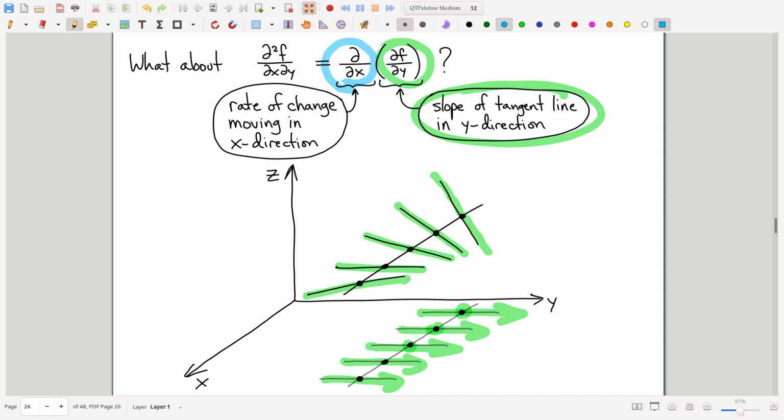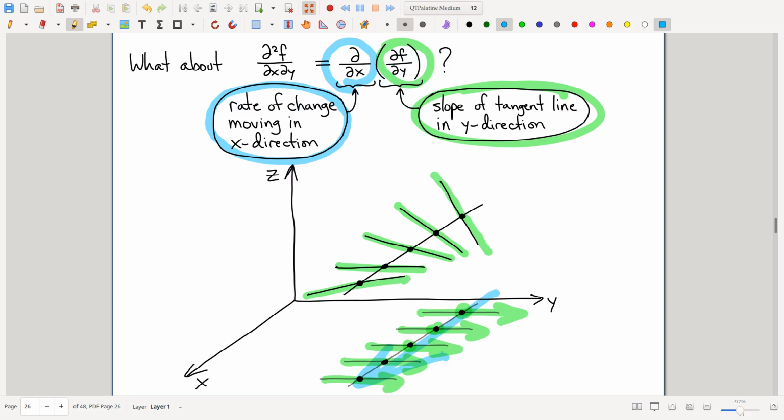So I'm going to take this other interpretation of the x partial, one of a few other interpretations, I suppose. It's how fast whatever this thing is that you're taking the x partial of, how fast is that changing as you move in the x direction.